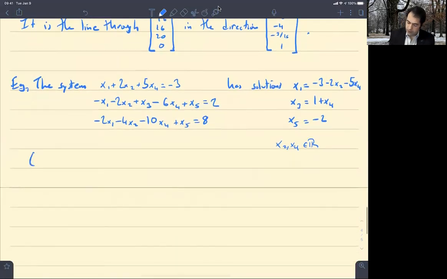Right, let's write that down. So here we're using x2 and x4 as free variables, and x1, x3, x5 as pivot variables.